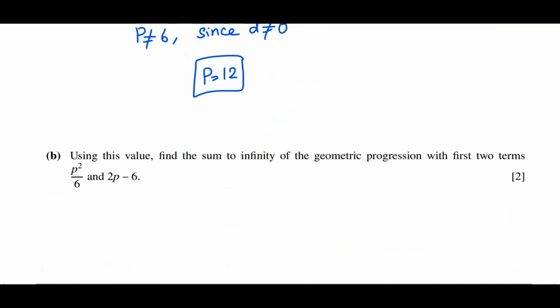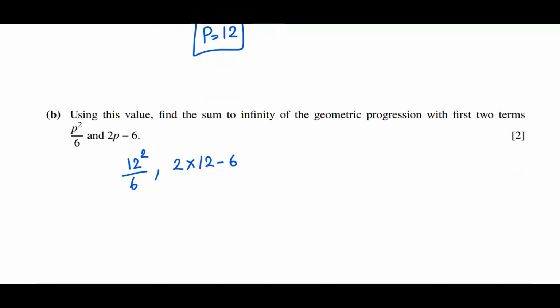So we need to find the sum to infinity, and p square over 6 is the first term, which is nothing but 12 square divided by 6, and 2 multiplied by 12 minus 6, that is 24 and 18. So these two are the first two terms of the geometric progression series.